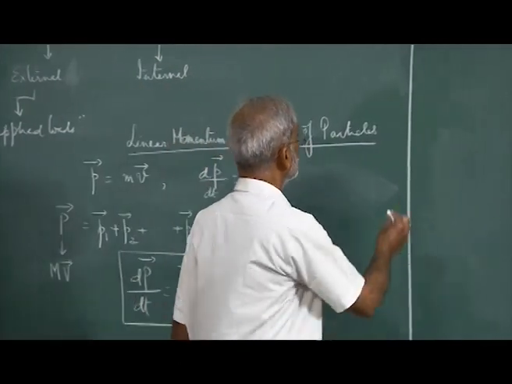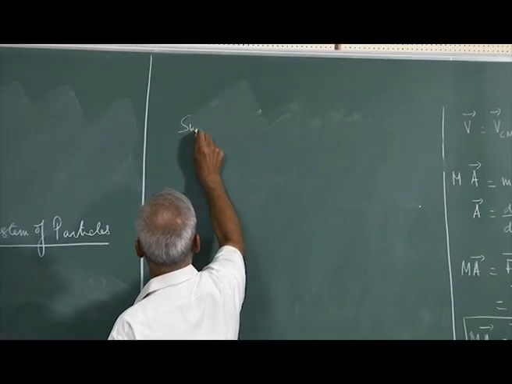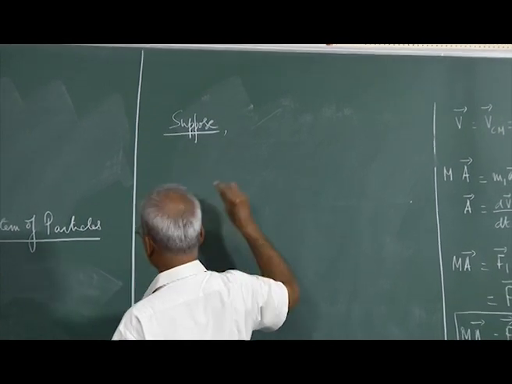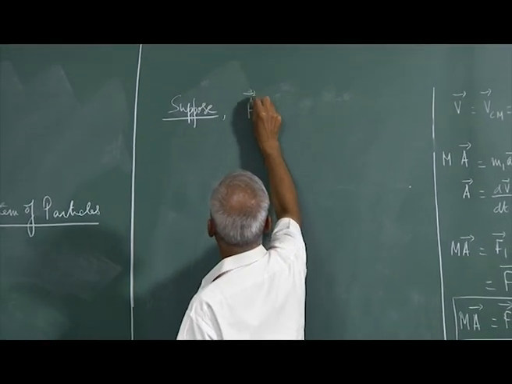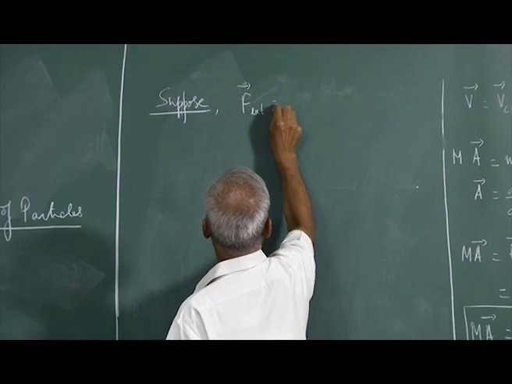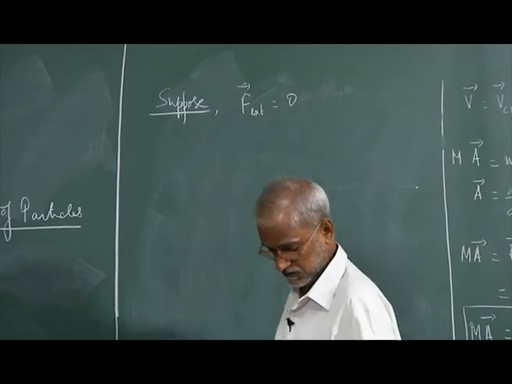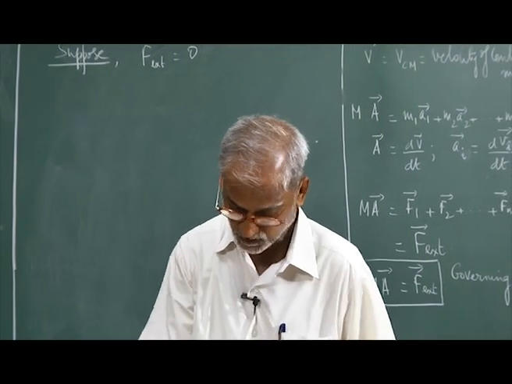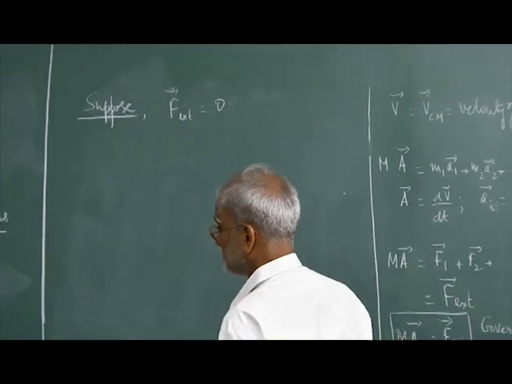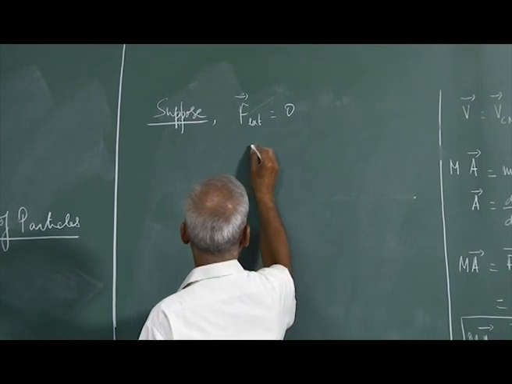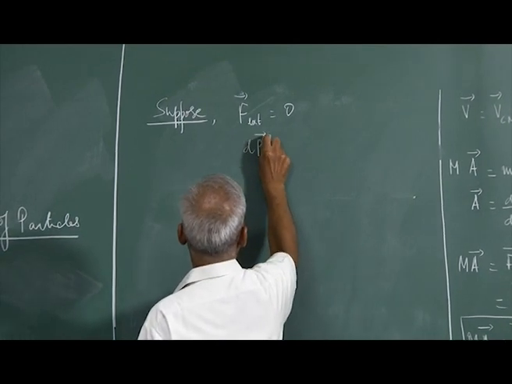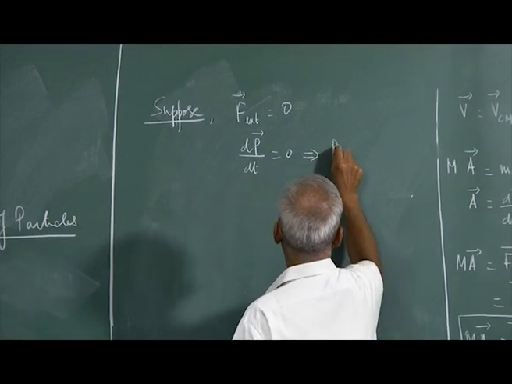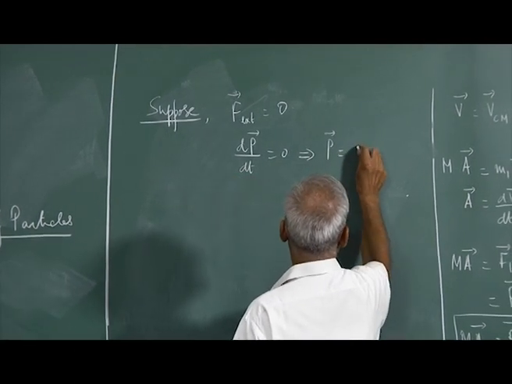Suppose F external is 0, there are no external forces acting on the system, then what will happen? Then automatically dP by dt is equal to 0. This implies P is equal to some constant vector.